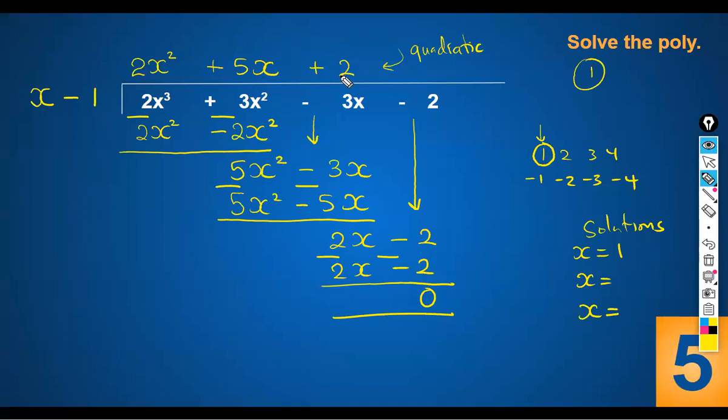Solve the quadratic. And when you solve a quadratic, you just get 2 answers. Guess what? Those will be the 2 other answers, making it how many answers in all? 3. You guess the first answer, and then you do the division, get the quadratic, and when you solve the quadratic, you get the remaining 2 answers.